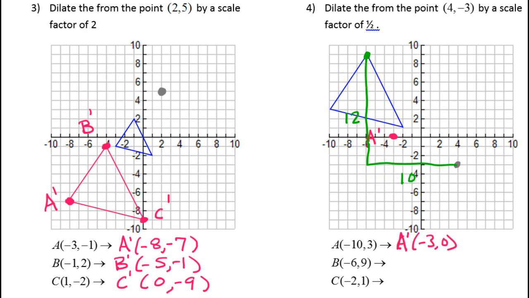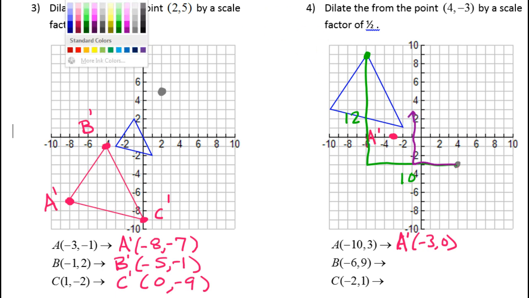Since the scale factor is 1/2, I should find point B prime by going half of that path. So I'm going to go left 5 and up 6 instead. Starting from this point, if I go left 5, that would put me here, and then if I go up 6, that's going to put me right there.